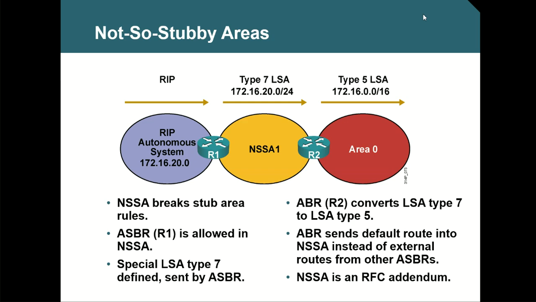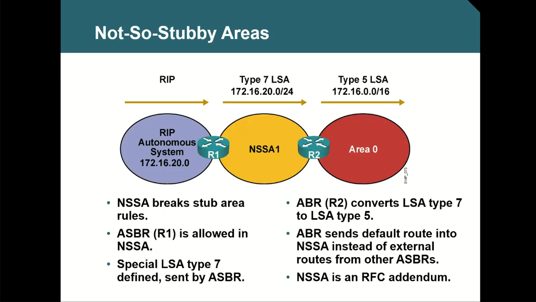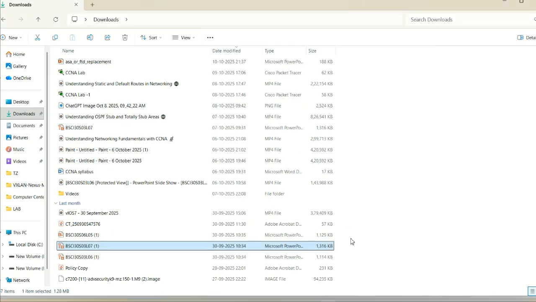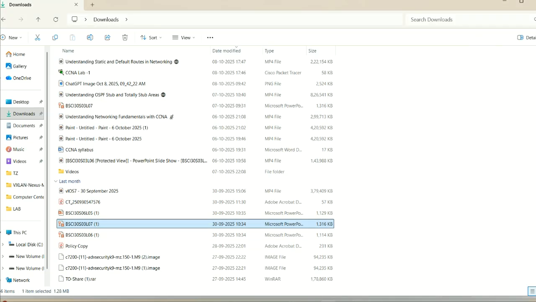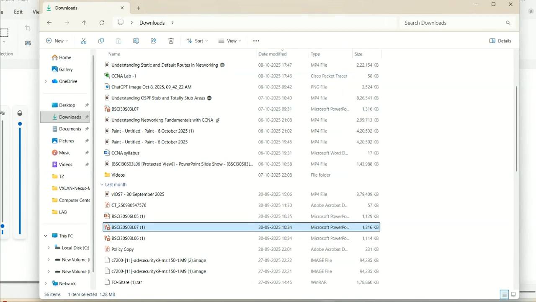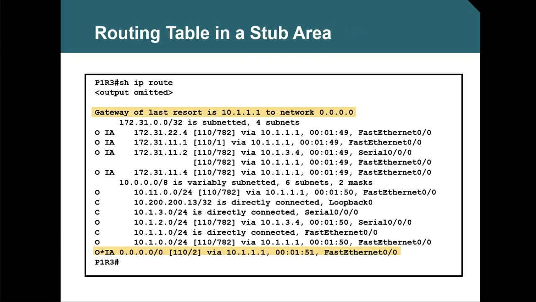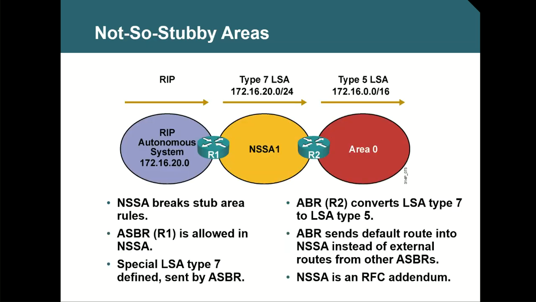Now we are into this topic called not so stubby area. As you know, the area that is configured as a not so stubby area will only allow type 7.